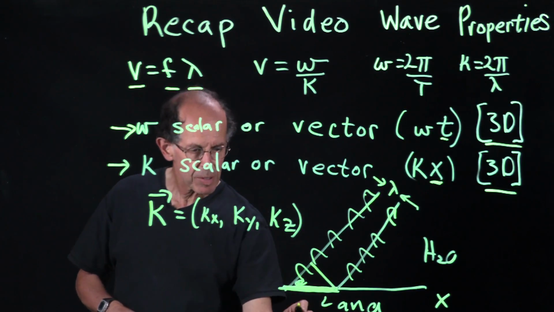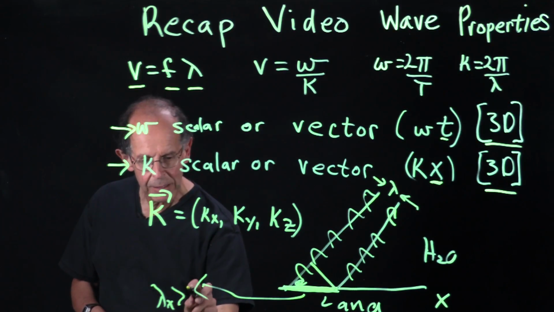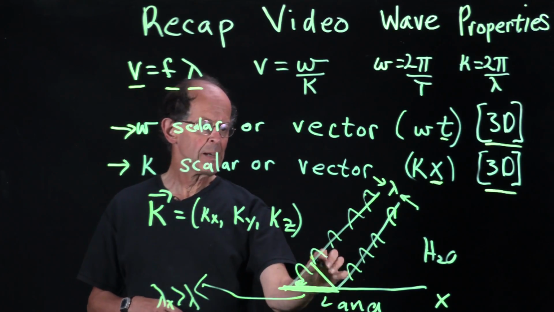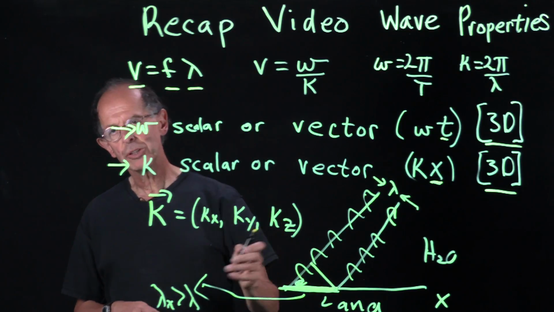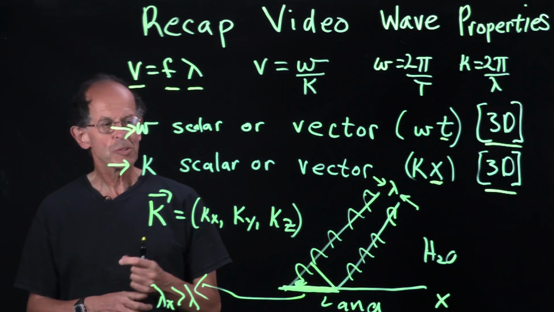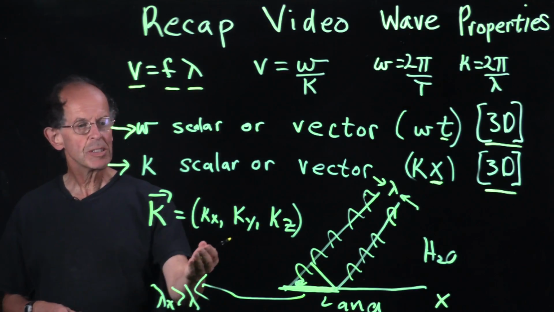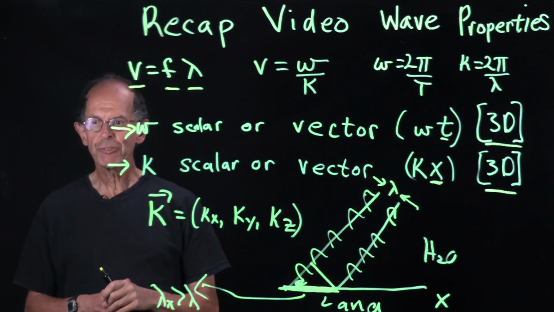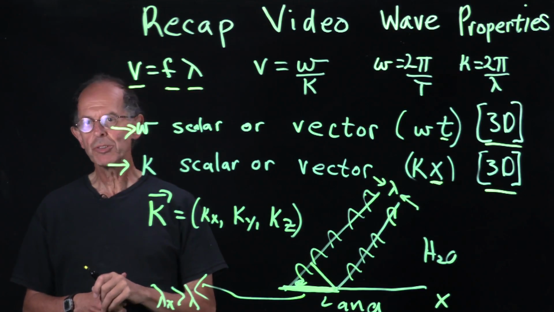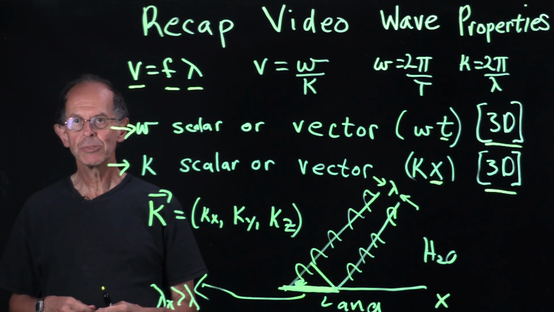So that means the lambda x here is greater than lambda in numerical value, and you can see that from the figure. Similarly, we can do a projection along the y-axis. So in fact, counting wave crests and their densities in the different coordinate directions is very important for analysis of waves. And we'll see how this comes up in our study of reflection and refraction.